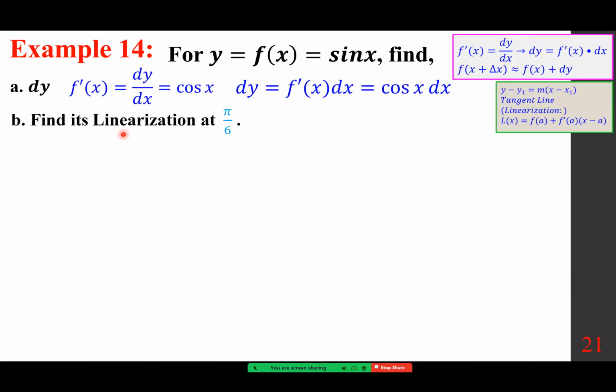The moment they say find linearization at pi/6, that means for this function, choose x to be pi/6, find the tangent, right? That's the meaning of it. So what do I need? I need a pair, and I need a slope.